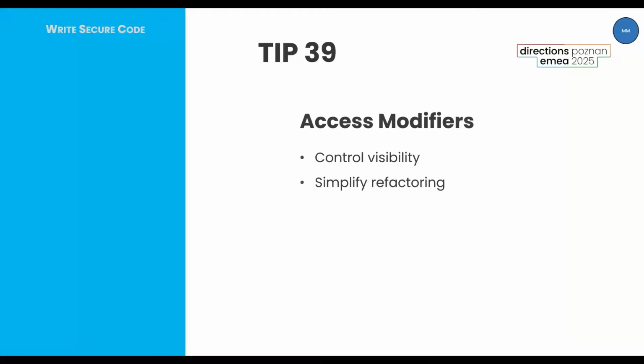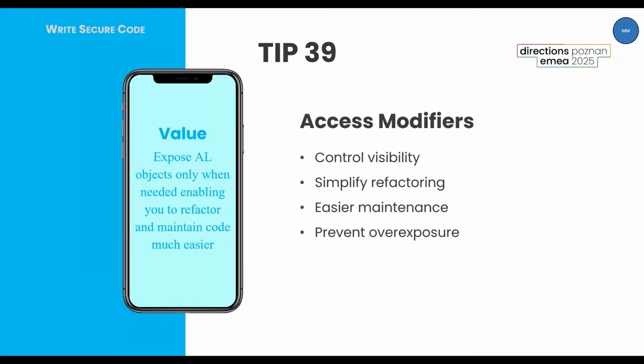Tip 39 is about using access modifiers. The idea here is that you should control visibility of your code, of your data. It will also help you later with refactoring if you need, especially if you are an AppSource app. Then the idea is that you should keep all of the code internal as much as possible, and then just expose something which is really needed, some APIs or whatever you want to expose to your partners.